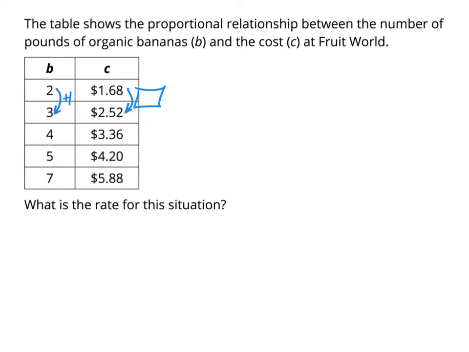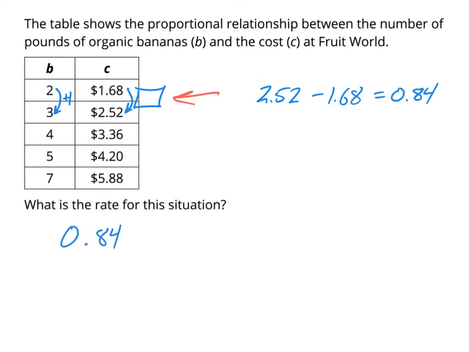Let's finish it out. When B went up by 1 over here, C went up from 1.68 to 2.52. So in order to figure it out, I'm going to do 2.52 minus 1.68. That gives us 0.84, which means that this rate of increase is 0.84.